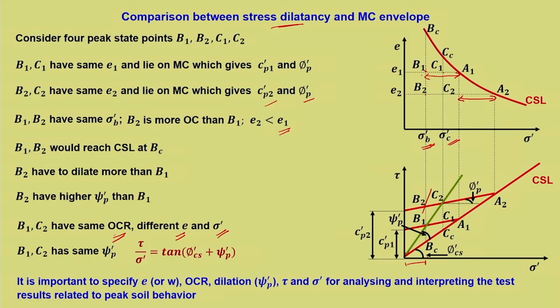What it indicates is that for peak points, stress dilatancy also needs to be considered, and it is important to specify E, the initial state parameter, or it can be in terms of the over consolidation ratio as we have shown here, dilation psi dash P, tau and sigma dash for analyzing and interpreting the test results related to peak soil behavior.